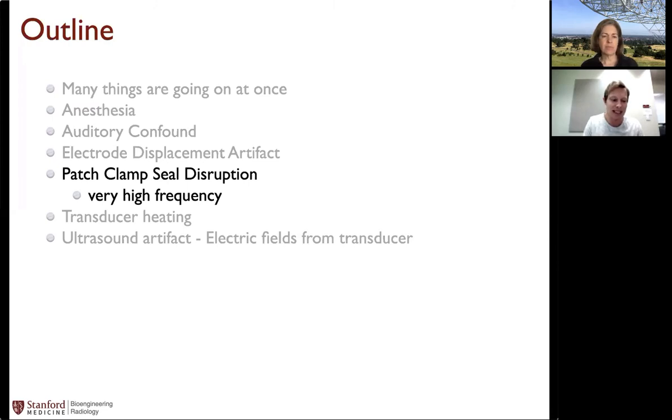Now, the problem is, even though we'd like to measure the currents from selective types of channels within this prep, the very small electrode can't actually hold on to the cell at lower frequencies. They find that when they use anything in the low megahertz or below range, the hold on the cell is quickly disrupted and things move around and they can't hold that seal between the electrode and the cell.